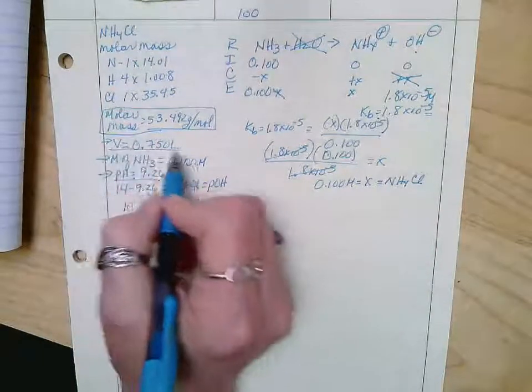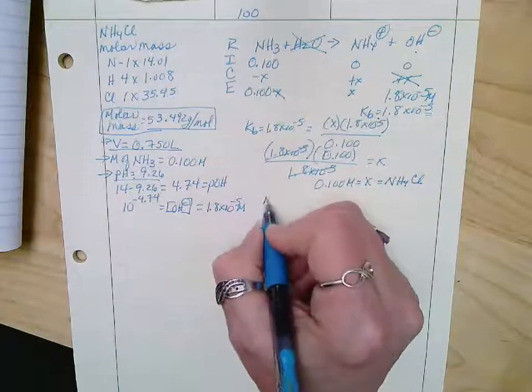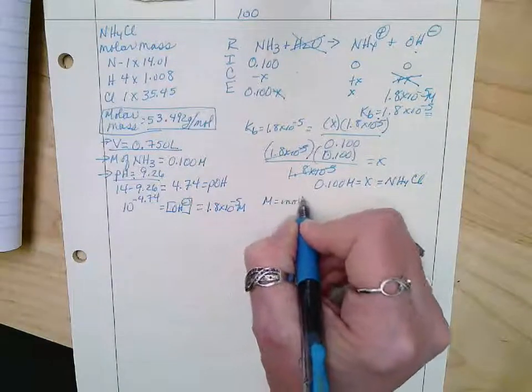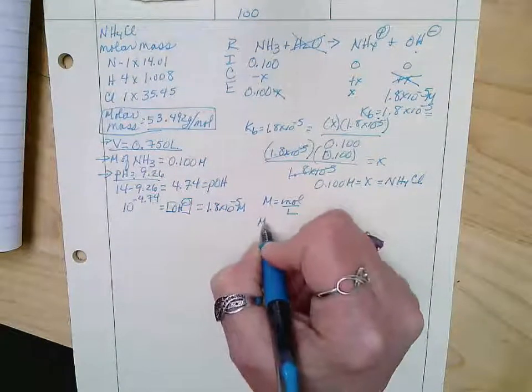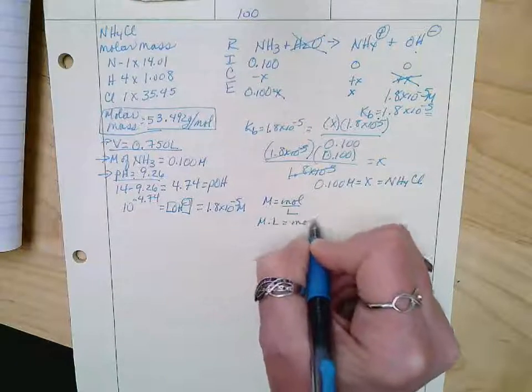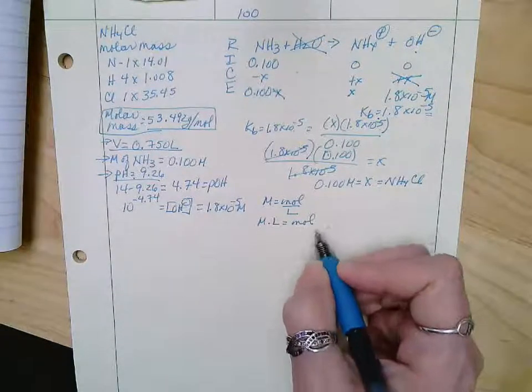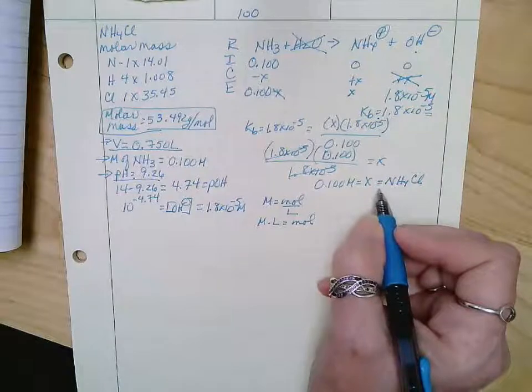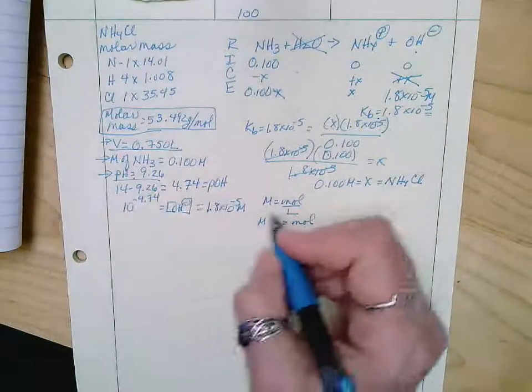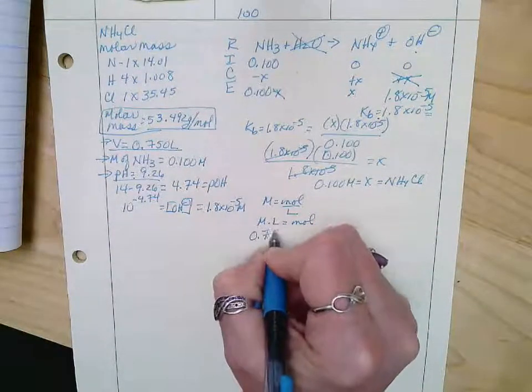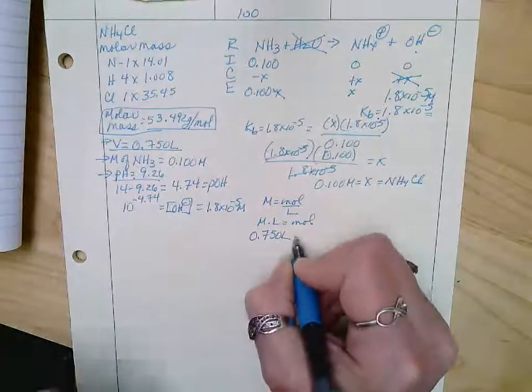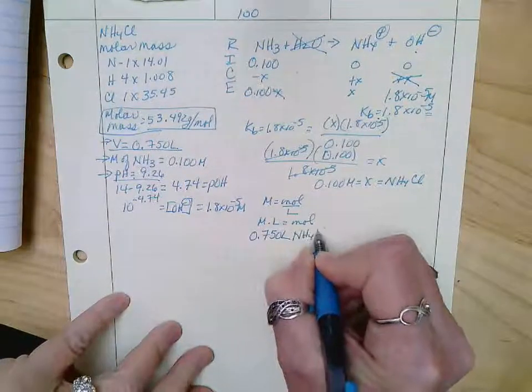So now we know our volume. So I'm going to come back here to volume. And molarity equals moles divided by liters. So molarity times liters will give me my moles. So I'm going to start with my volume, 0.750 liters NH4Cl.